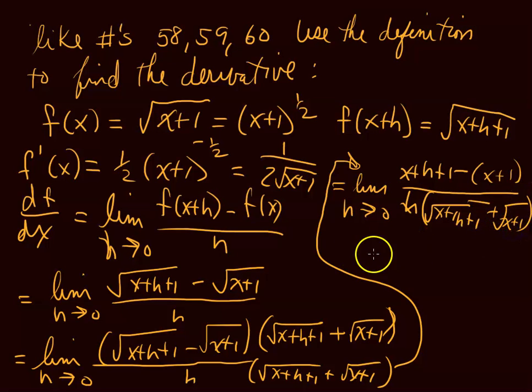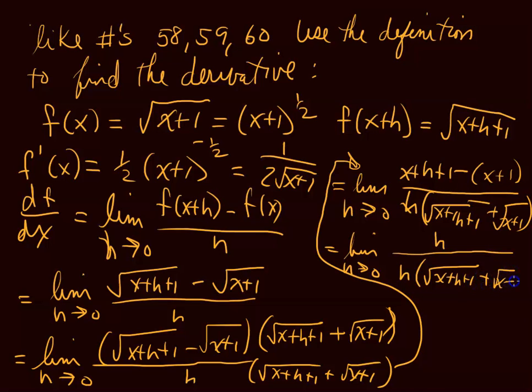Gosh, you can't fit that in there very well. So the limit as h goes to 0, x minus x cancels. 1 minus 1 cancels. The only thing left in the numerator is h, over h times that quantity, the square root of x plus h plus 1 plus the square root of x plus 1. The h's cancel. And because I'm going to run out of room, let h go to 0 now.